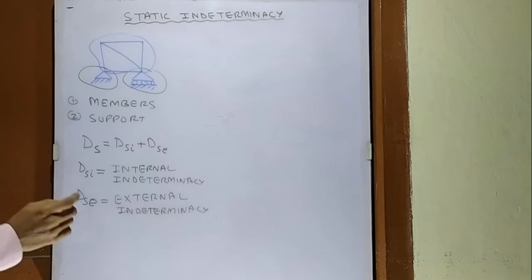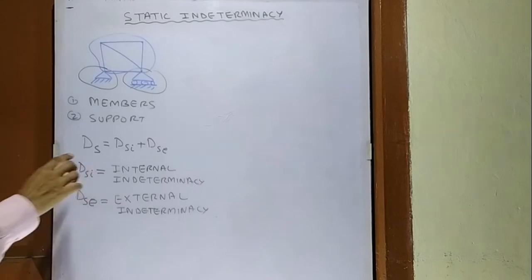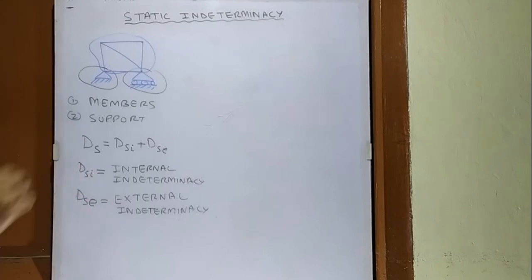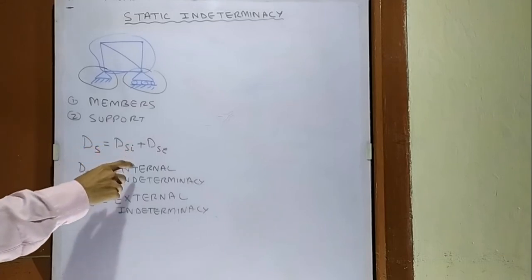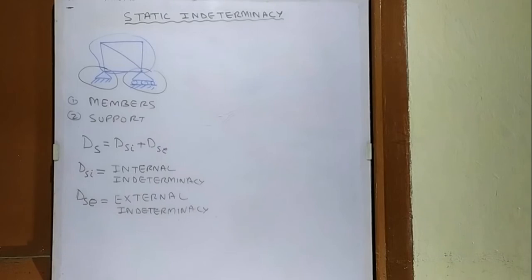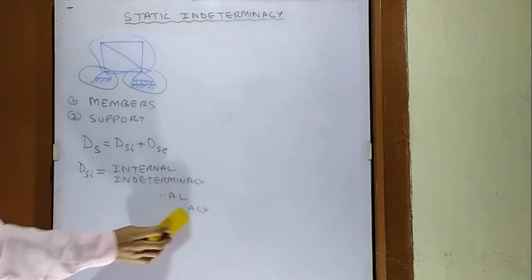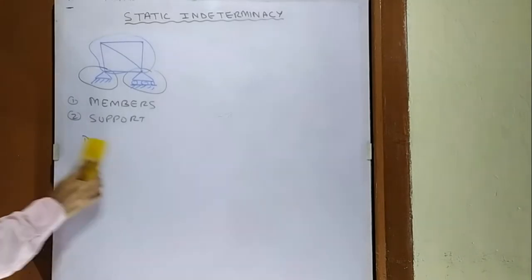We will write a very general formula from which we can find out Ds directly, and then we will find Dse and Dsi from that formula. So Ds is equal to Dsi plus Dse.